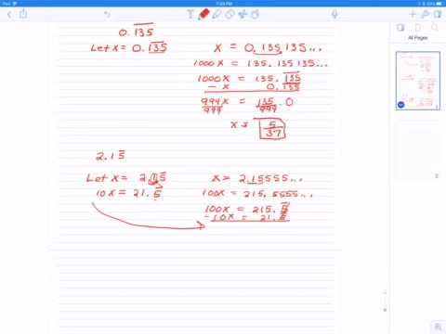So 100x minus 10x, that's 90x, equals 194. Okay, and then I'll solve for x, dividing both sides by 90, and I get x equals, I'm going to reduce that, 97 over 45.